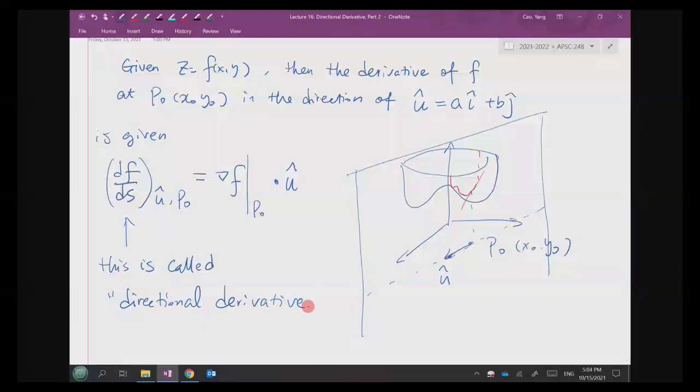The name sort of explains it already. It's a derivative you obtain while going in a certain direction, and this is very different from a function of a single variable.